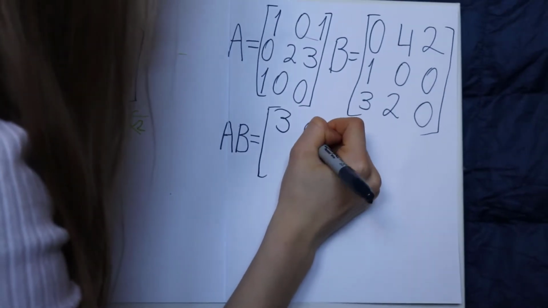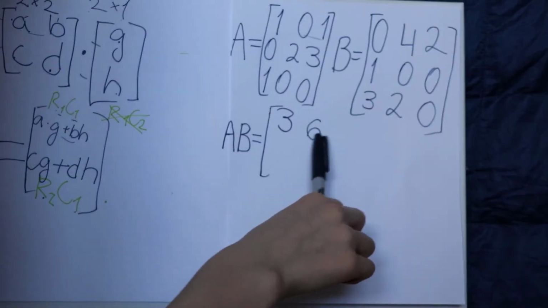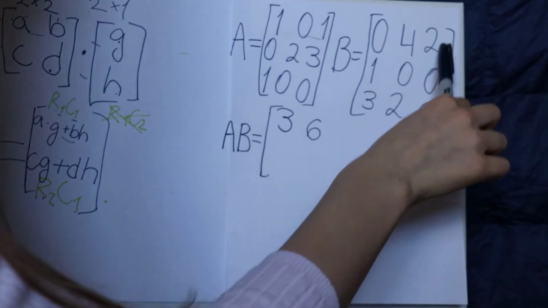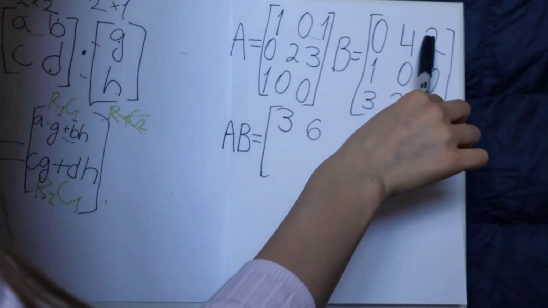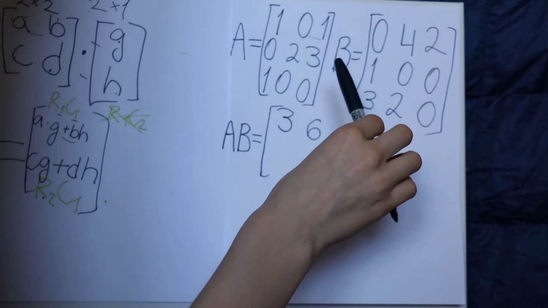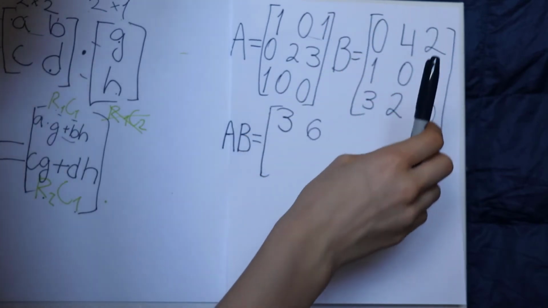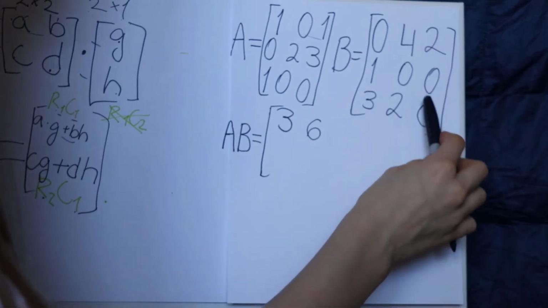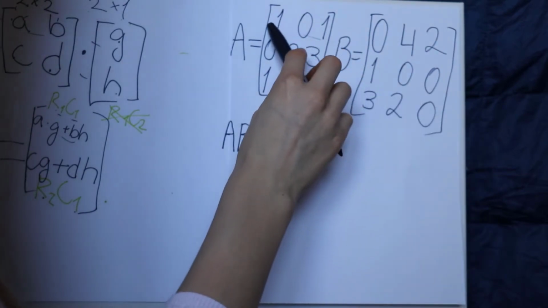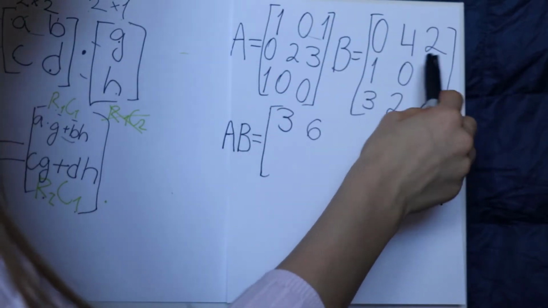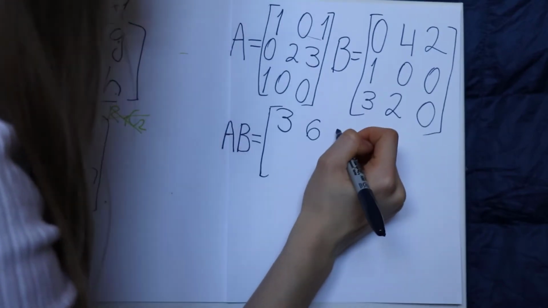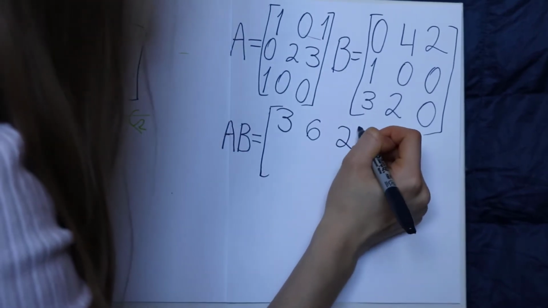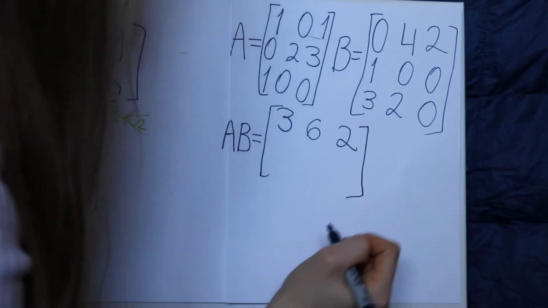So we have 6 here. And then row 1, column 3, so 1 times 2 is 2. And then there's 2 zeros here, so that's going to be 0. So we just have 2 plus 0 plus 0, so this is 2. And then we can close the matrix here.